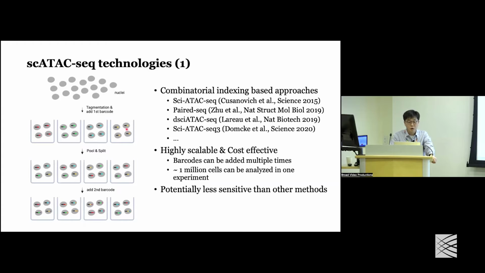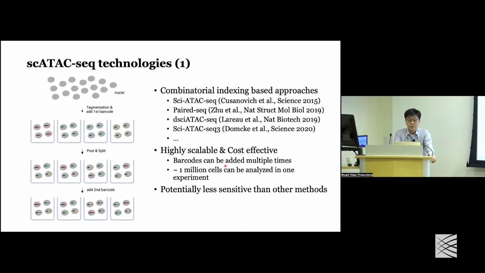So here you add a unique barcode to each well, to these 4 cells, and then pool and split, assuming that they are randomly distributed. And then once you add the second barcode, the combination of the first and second barcode uniquely determines each cell. So that's the basic idea.